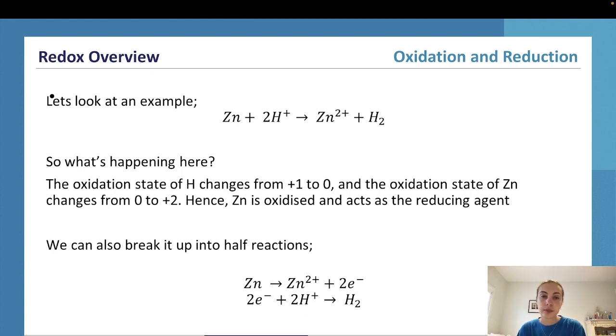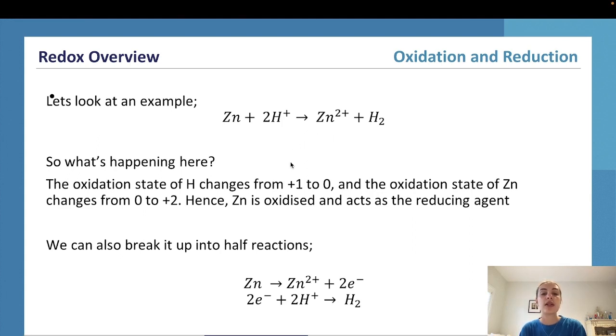So, for example, looking at zinc, we can say zinc is going from 0 to 2+, so it's becoming more positive. We know electrons are negatively charged, so if zinc is becoming more positive, it must be losing electrons. And a reaction where the species loses electrons is our oxidation reaction.